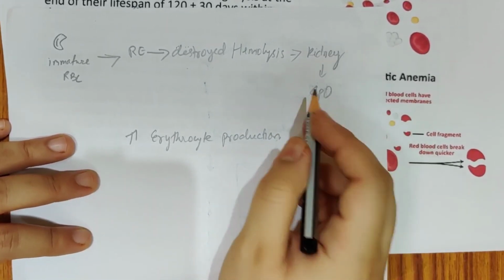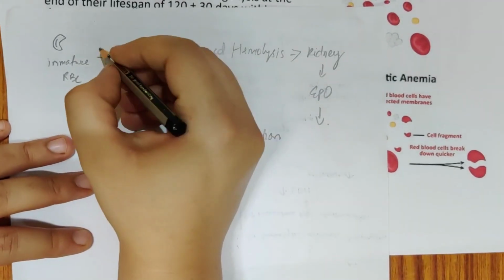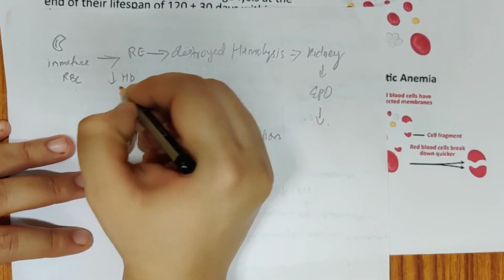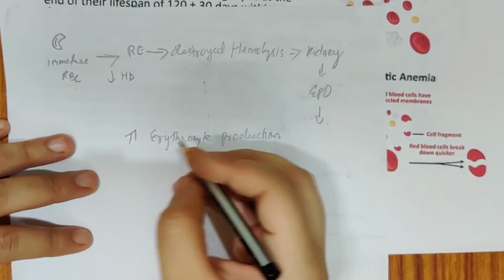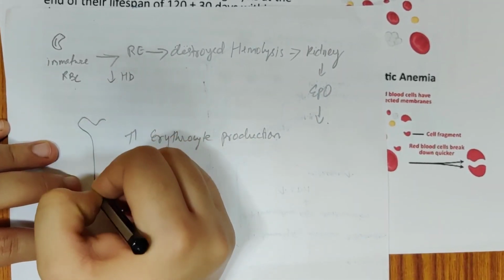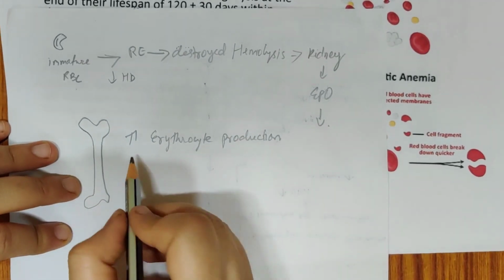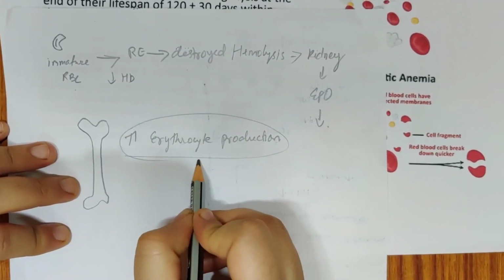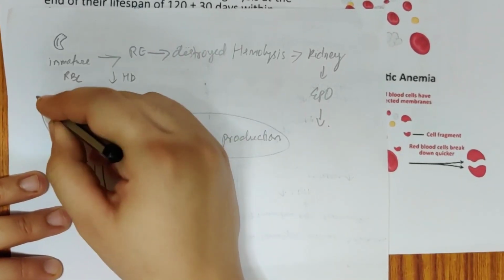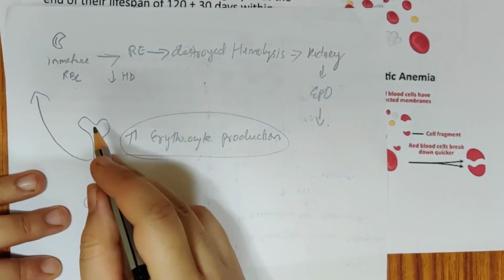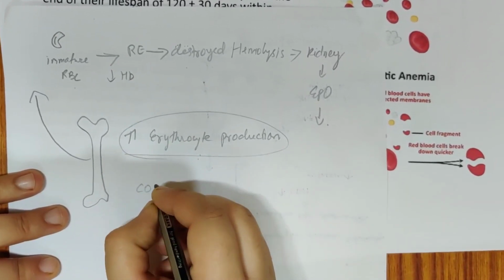So, even if you have fewer RBCs and less hemoglobin, the bone marrow can make enough erythrocytes. These erythrocytes can go again into the circulation. So because of this, what happens? The bone marrow causes a compensation.